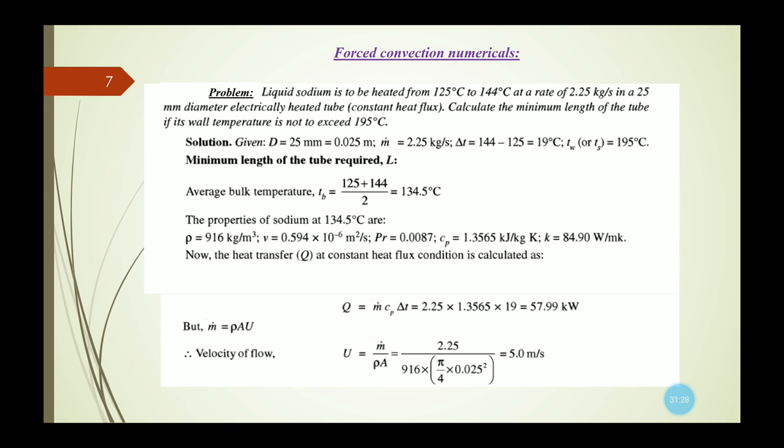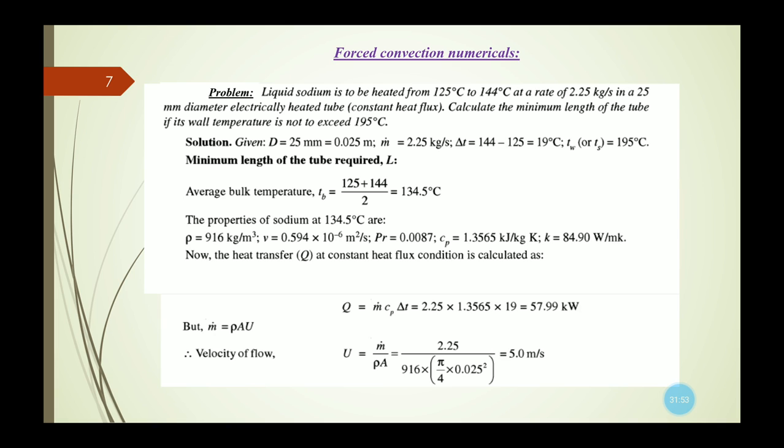Now we need the heat transfer at constant heat flux condition. It can be calculated as Q equals m Cp delta T. So this m is the mass flow rate, which is given in the numerical as 2.25. Cp is known to us as 1.3565, and delta T is the temperature difference, which is 19.